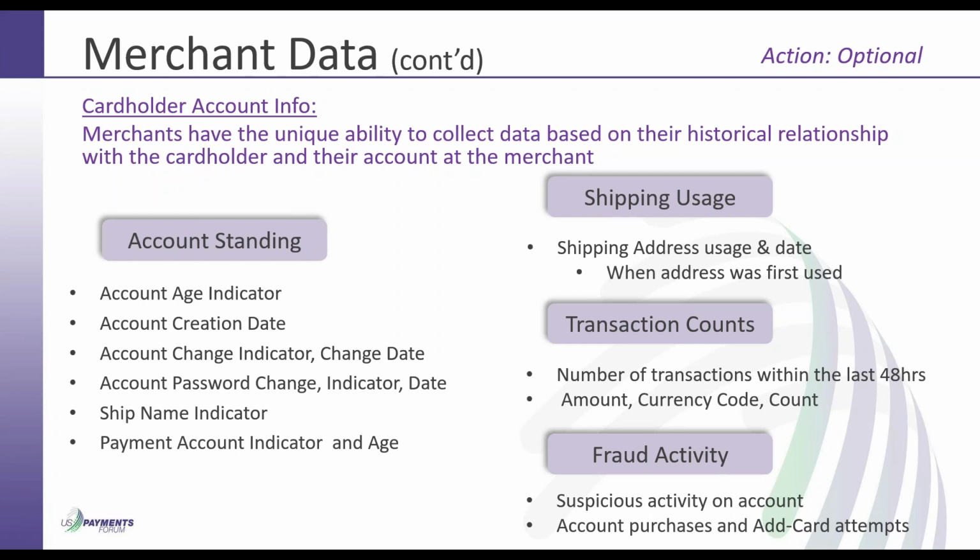So there's additional feature flags that merchants can take advantage of to request a challenge. And then lastly, account purchases and add a card attempts. So what were the account purchases for the last 6 months, as well as the last 24 hours? How many add card attempts could have or did happen that could be passed? Next slide.